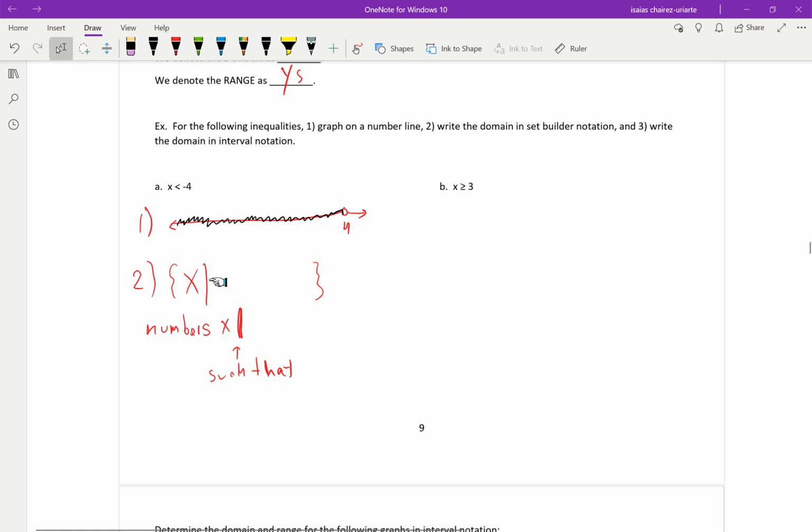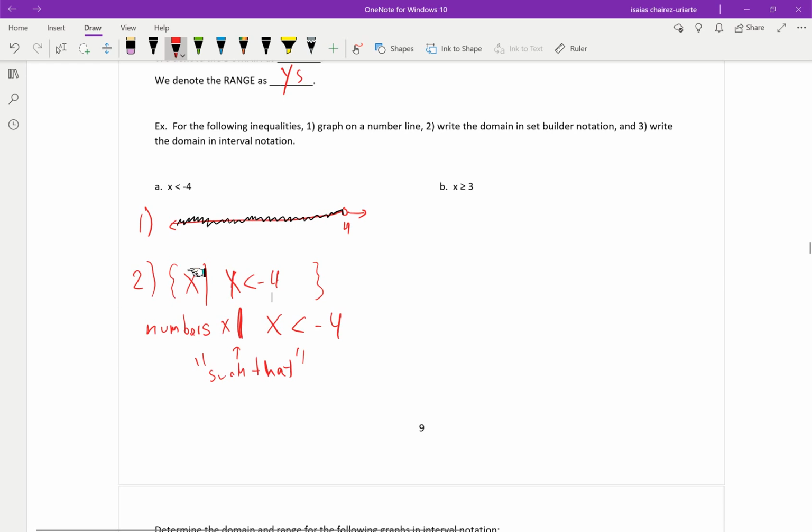Literally just say "such that." So numbers x such that the number x is less than -4. So that's what I'm going to write here: x is less than -4. And that is the set builder notation.